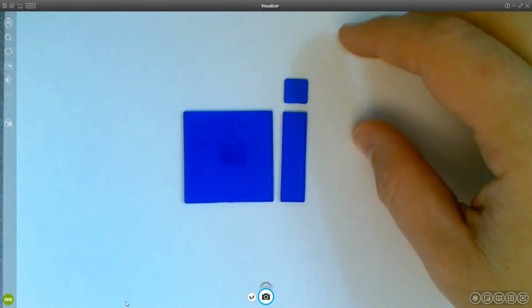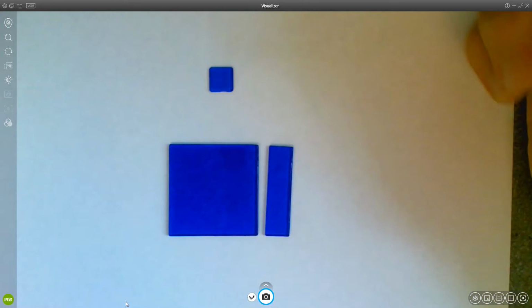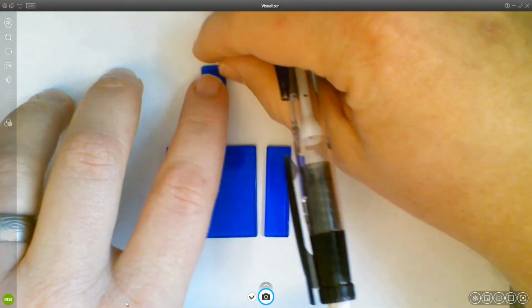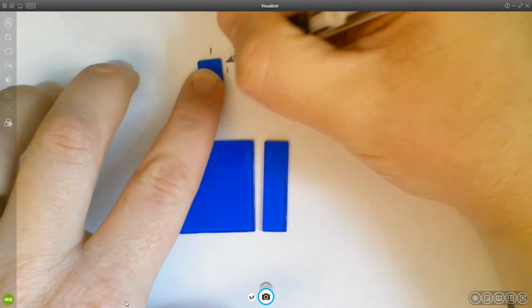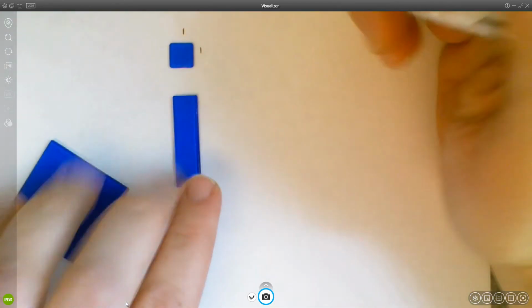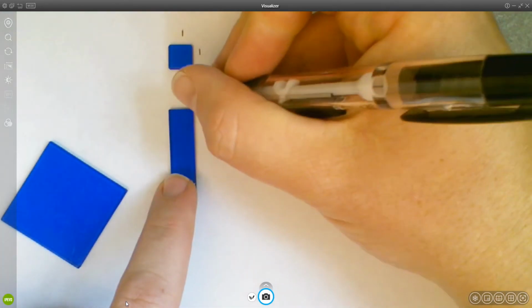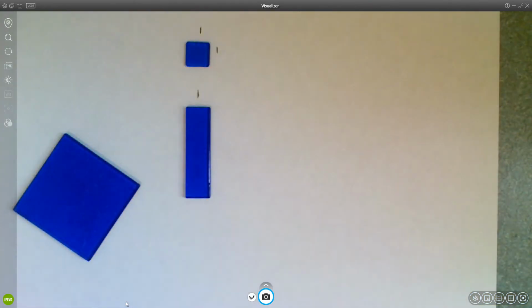The way that we define these tiles is I'm going to say this smallest square has length and width 1, which means that this rectangle has a width of 1, but its length, I don't know, right? I don't know what its length is.